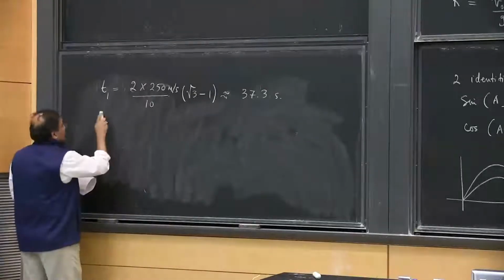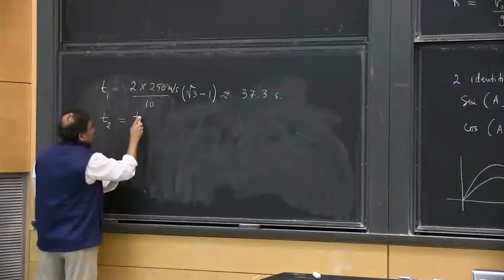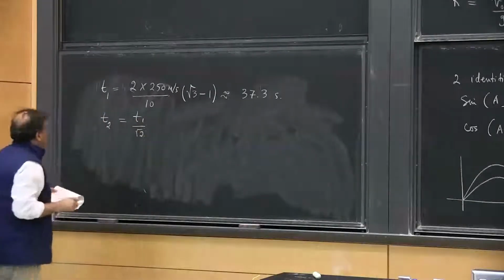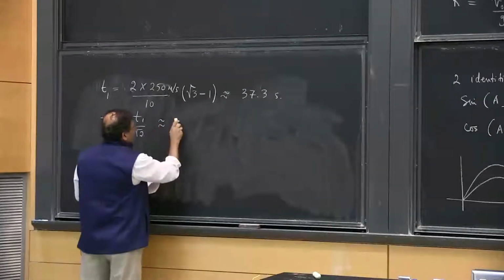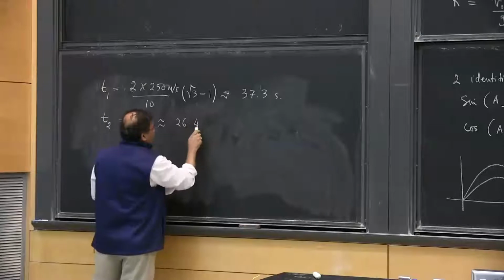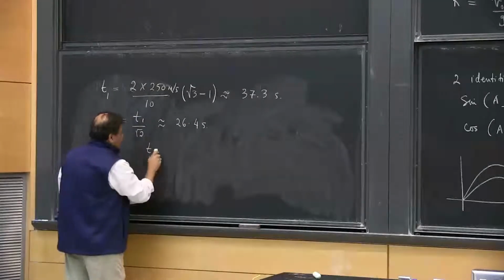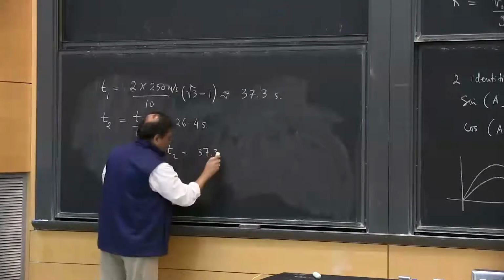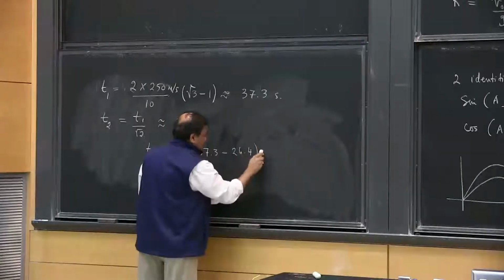And now, since I've already found T1, I can actually find T2. And T2 would be T1 over square root of 2. So T2 now would be, if you do the calculation, approximately 26.4 seconds, which means that T1 minus T2 would be 37.3 minus 26.4 seconds.